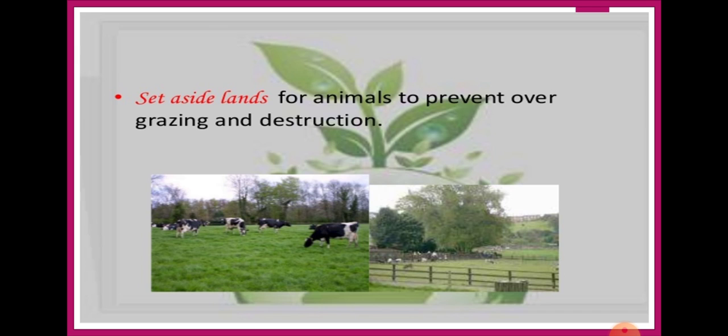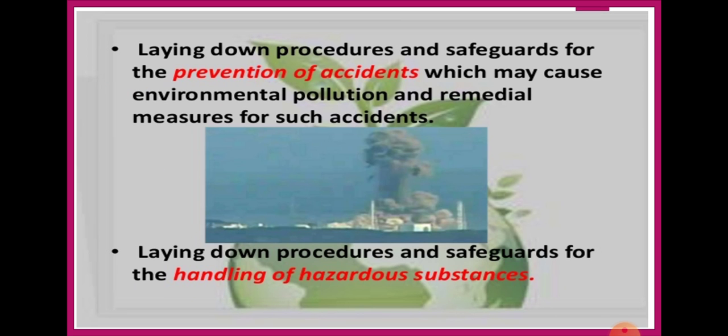Setting aside lands, that means there should be some pasture lands left for animals' grazing. So this is all about this chapter, how the environment should be protected. All of you know how we should protect the environment. In this second part, we have learned about all the important rights and laws that are there for the welfare of the people.